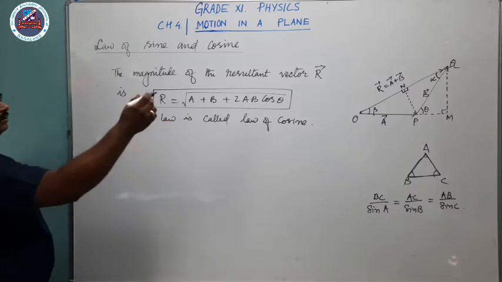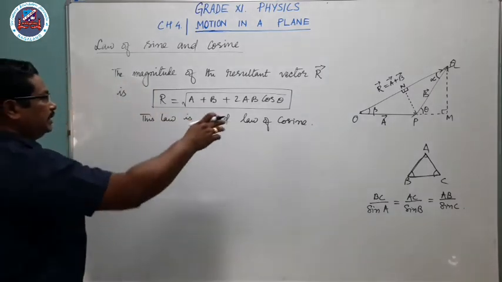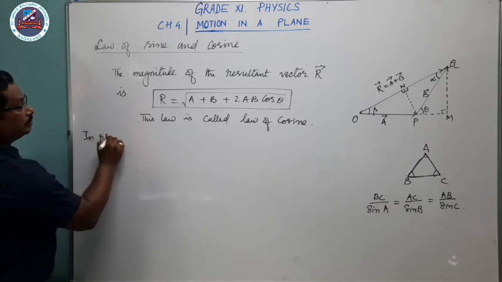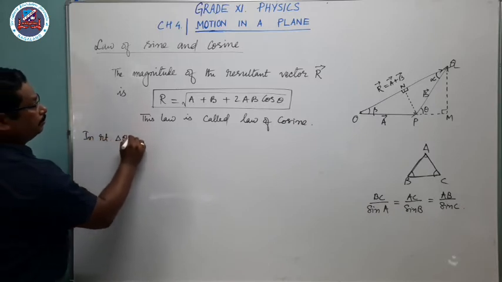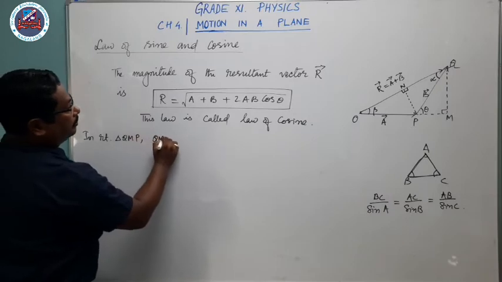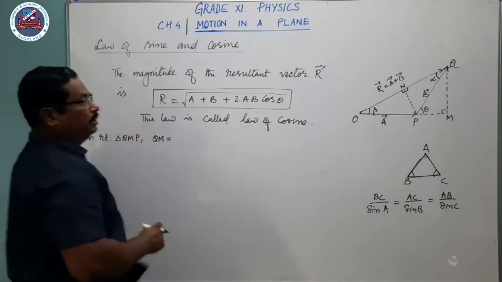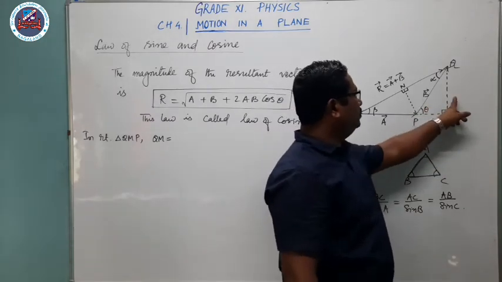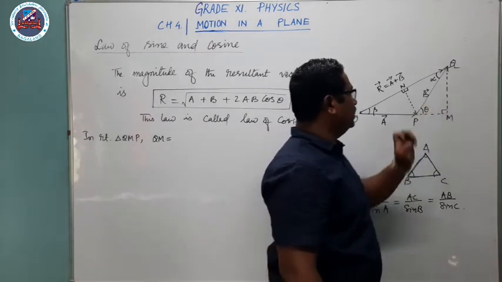To find the law of sine, you will take it like this. In right triangle QMP, QM is the perpendicular and this is the hypotenuse. So QM will be B sine theta.